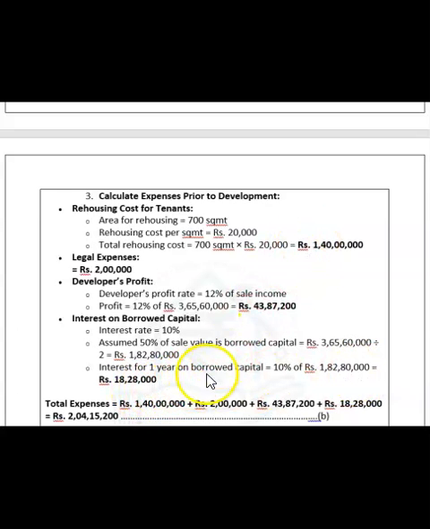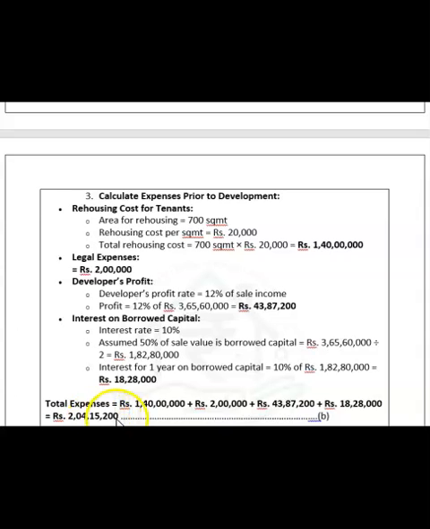So total expenses: 140 lakhs for new housing for the tenants, 2 lakhs legal expenses, developer profit 43 lakhs 87,000, and interest for 1 year is 18 lakhs 28,000. After that, the developer will get the land.